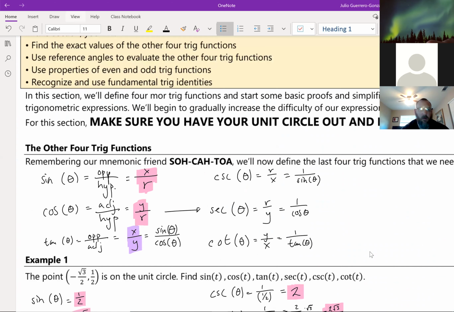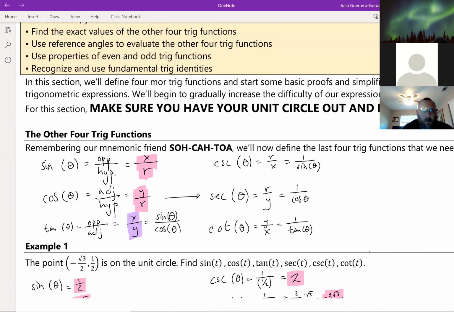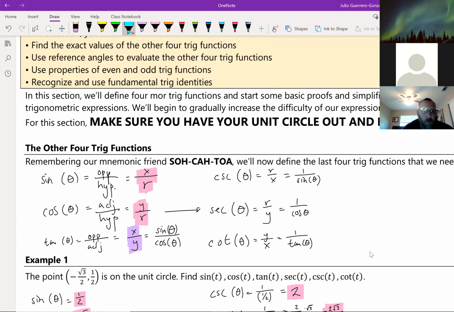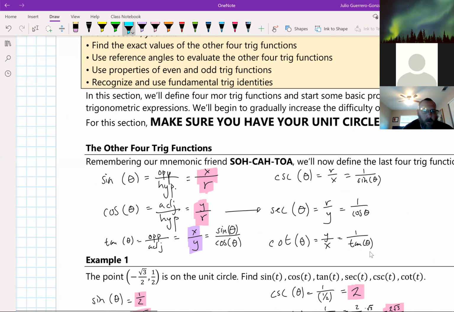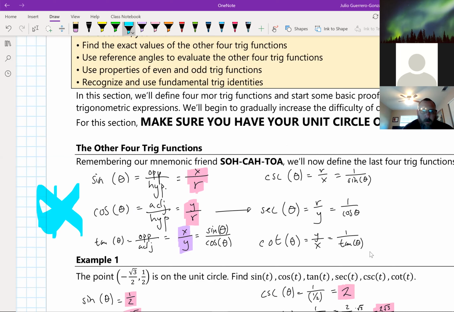From the very get-go, all right, my computer is not being nice today, you guys. It's throwing a fit. There we go. So from the very get-go, we knew about these 3 right here: sine, cosine, and tangent.